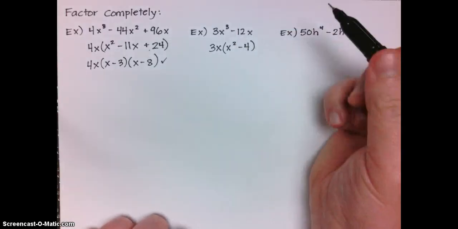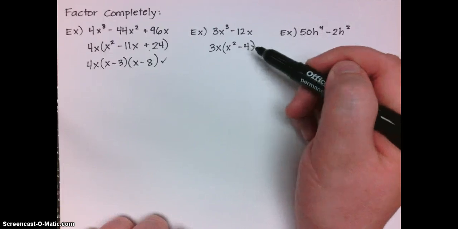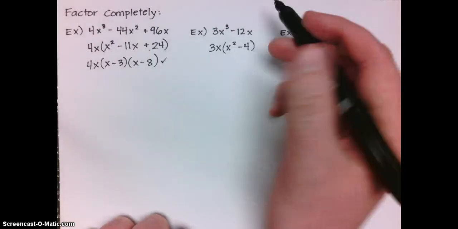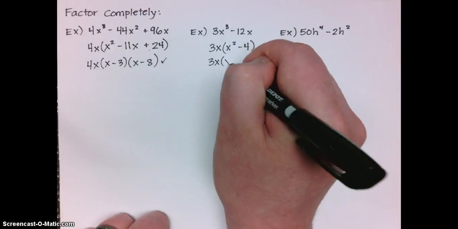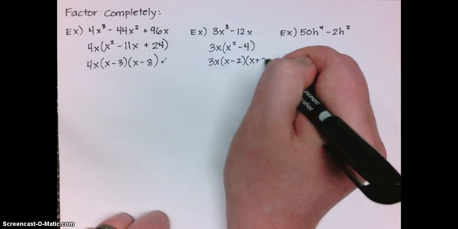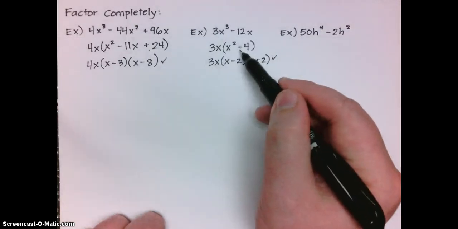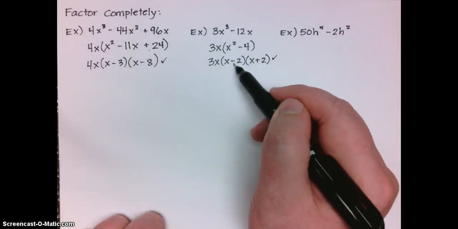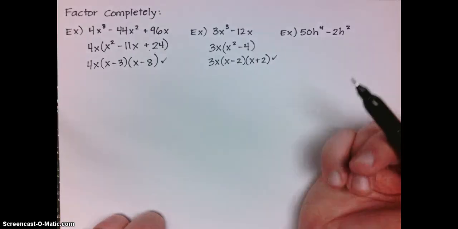And you might think that you're done, but 4 is a perfect square, and so is x squared. And I know that I can write this as x minus 2 times x plus 2. I've already learned this. Because when there's a minus sign, it's going to be broken into a minus and a plus.